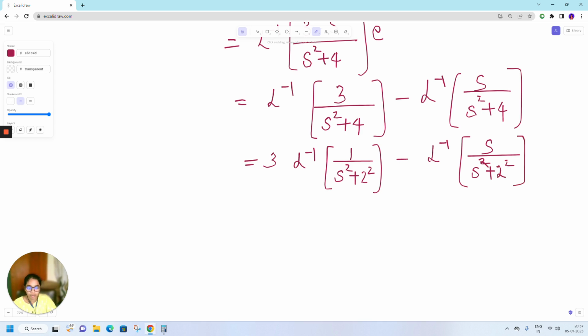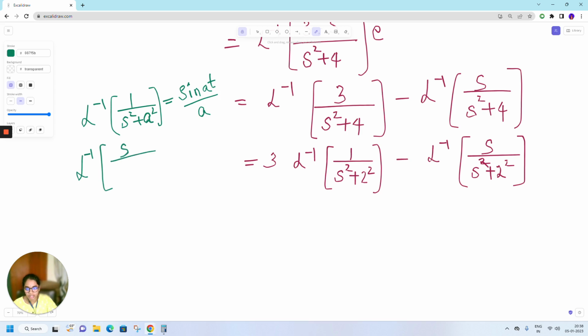Now we have a direct formula, right? Laplace inverse of 1 divided by s square plus a square is sine a t divided by a, and Laplace inverse of s divided by s square plus a square is cos a t.